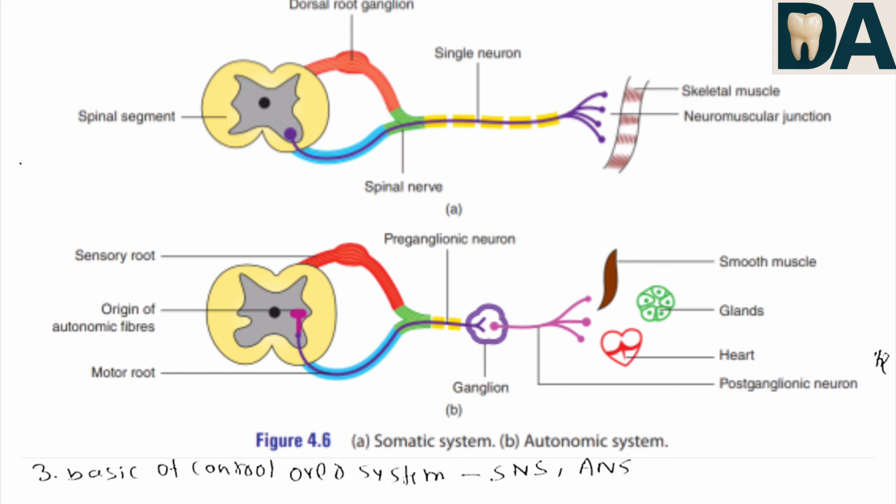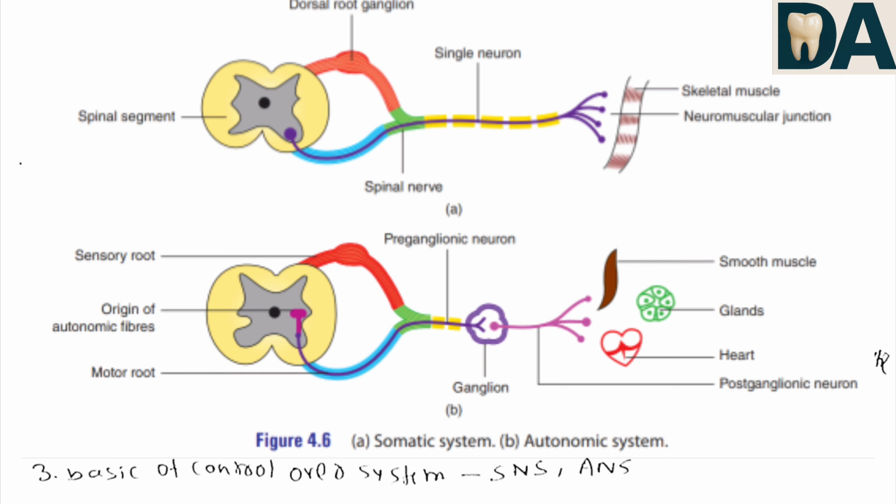It is subdivided into the sympathetic nervous system and parasympathetic nervous system. The actions of those two systems oppose each other. The sympathetic nervous system is the part of the autonomic nervous system that emerges from the thoracic and lumbar region of the spinal cord. Actions are varied depending on the organ involved.